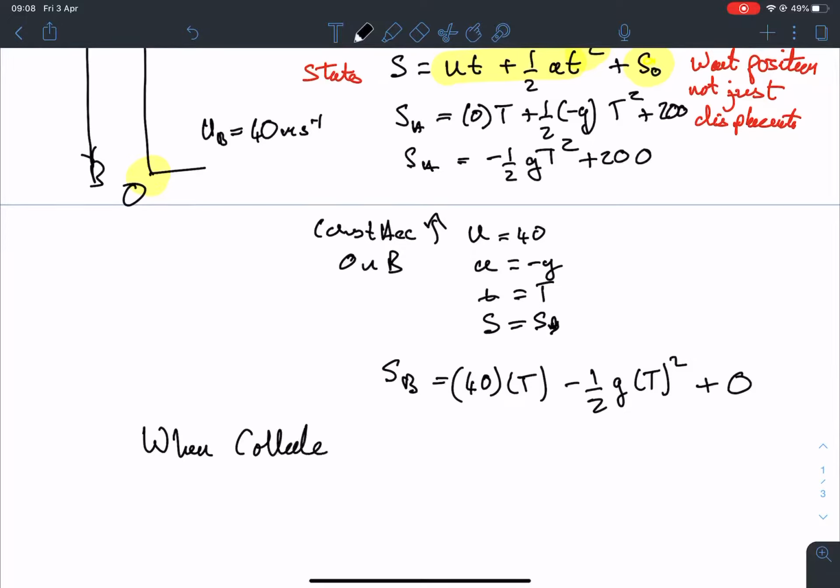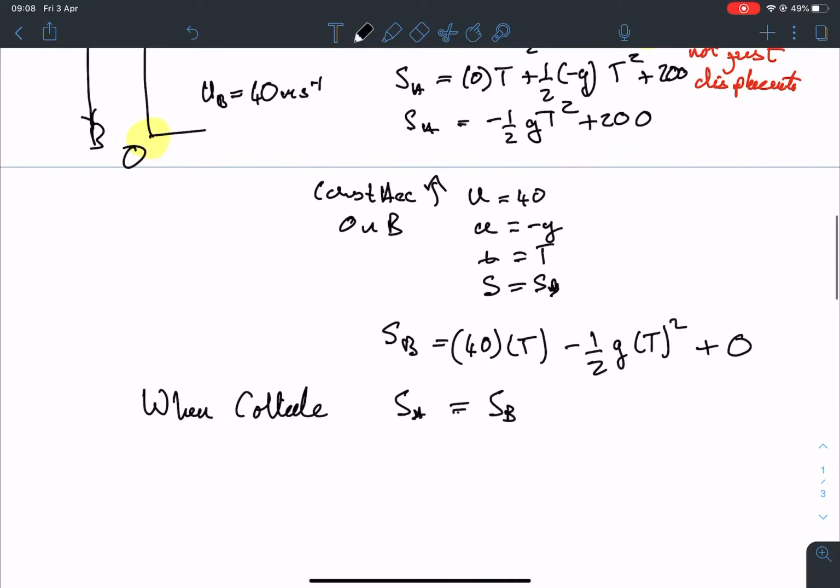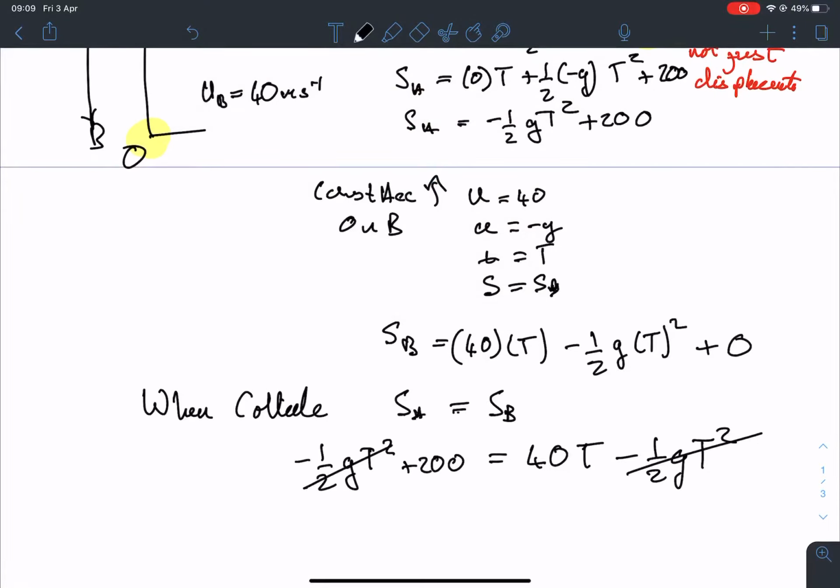Okay, now we're going to look at constant acceleration, positive still upwards, on B. u is equal to 40, a is minus g again, t is capital T, and s is the position of B. So again, we're using s equals ut plus a half at squared plus s0.